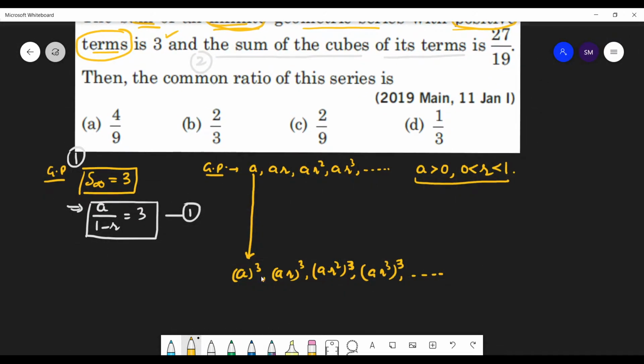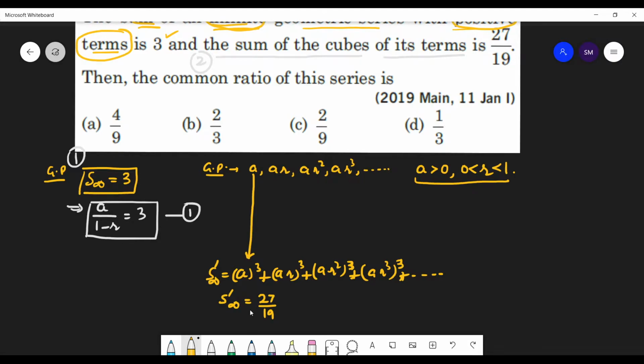And what is the sum of this GP? Let this be S dash infinity. What is the sum of this GP? You will be adding all of them, yes? And that is also given to you, students. That is 27 by 19.